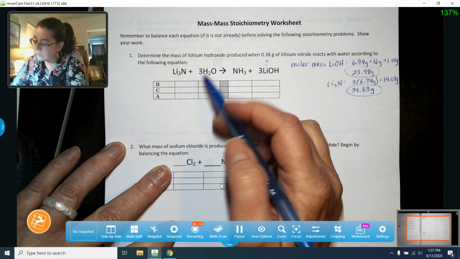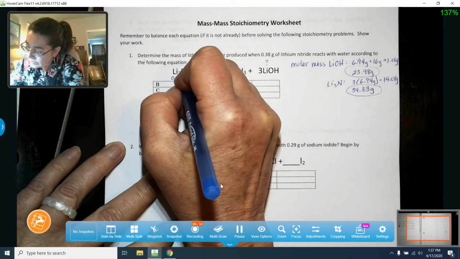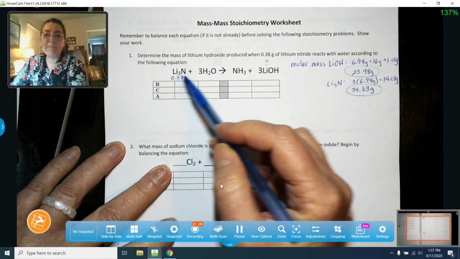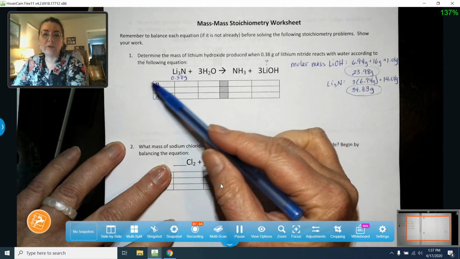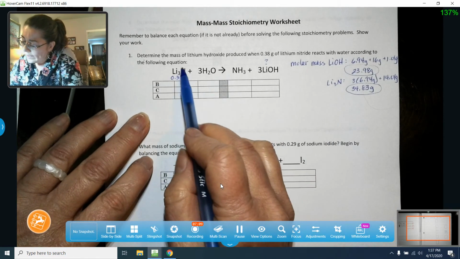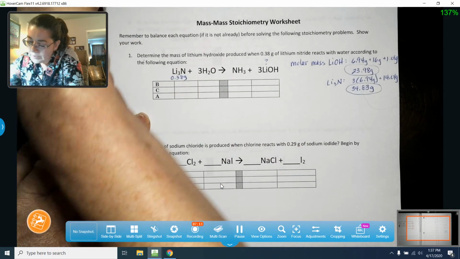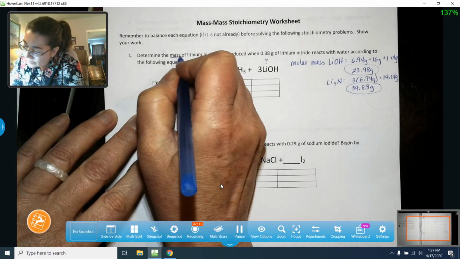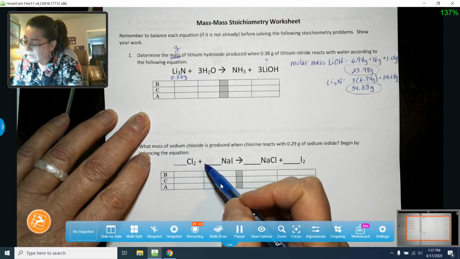So we have 0.38, I'm going to put that right here, just so I can keep track. Alright, so we have this, and we want this, and we want it in grams, right? It's asking for mass. So this is a mass-to-mass stoichiometry.